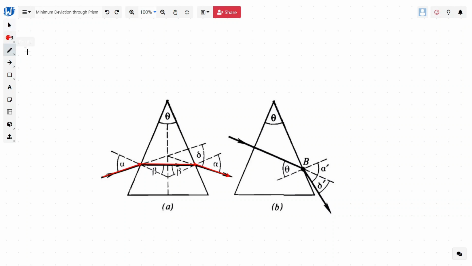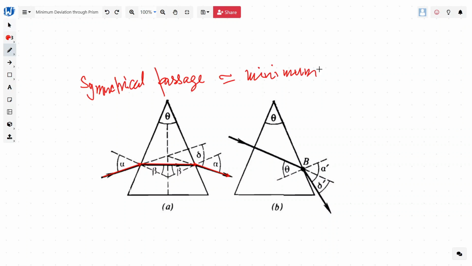So symmetrical passage of light through the prism gives you the minimum deviation. You can check out that proof which we did using calculus in our last video.